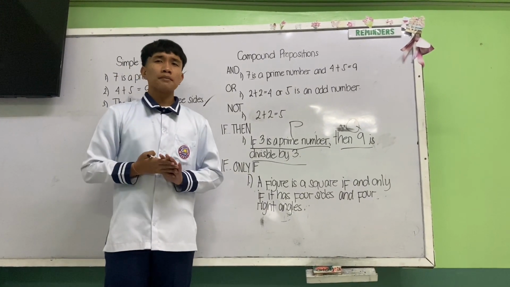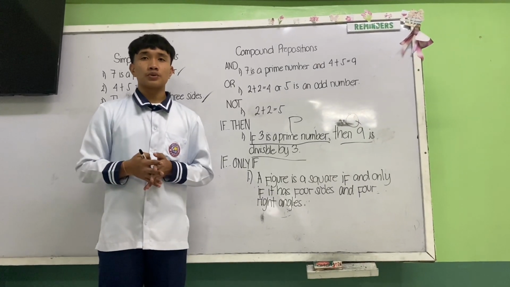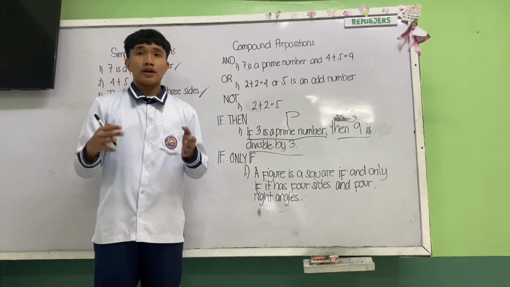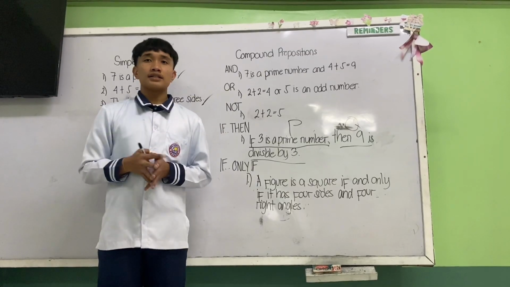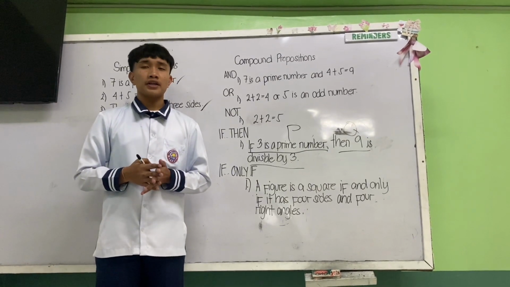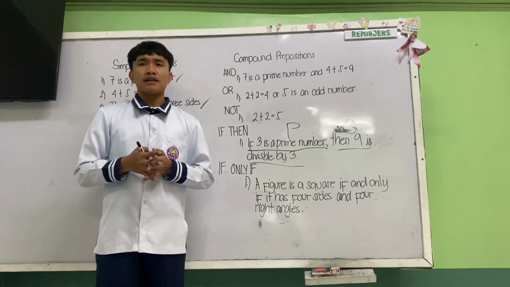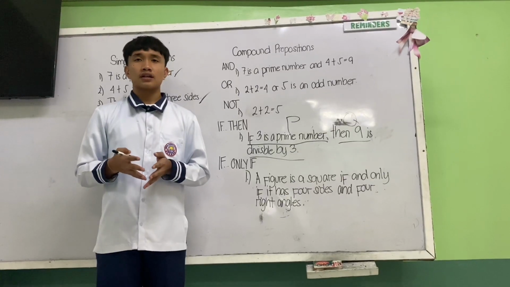Key rule, an implication is false only when the first proposition is true and the second is false. Example, if P, 3 is a prime number, true, then Q, 9 is not divisible by 3, so it's false. Combined, if 3 is a prime number, then 9 is not divisible by 3, it is false.